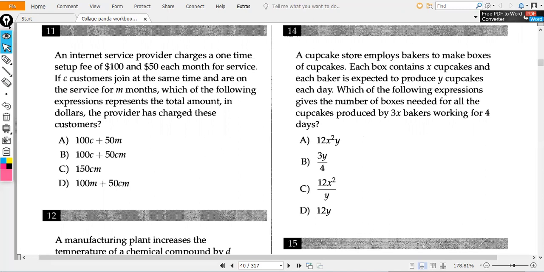If you found the answer, please write it in the chat.